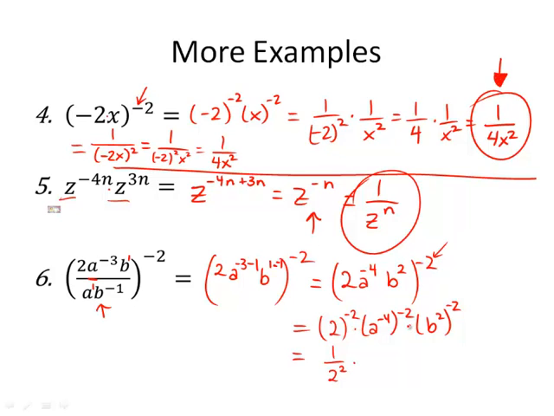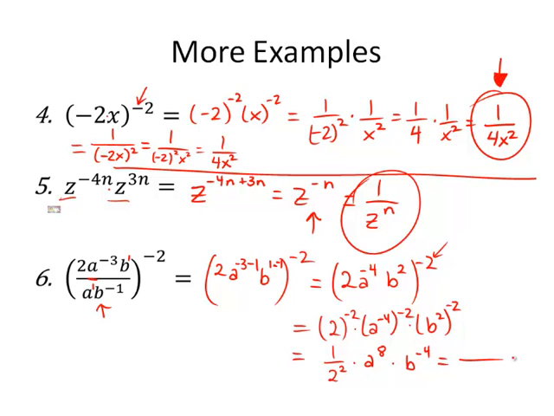Let's move on. This is all multiplication. This is a to the negative 4 to the power of negative 2. When you take something to the power of something else, you're multiplying your exponents. So you've got negative 4 times negative 2, which is positive 8. And b to the 2 times negative 2 is negative 4.